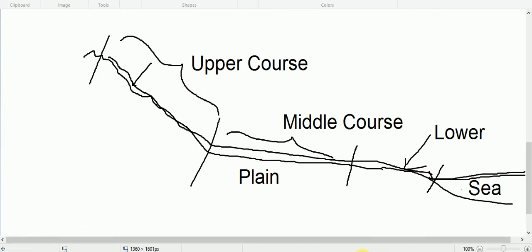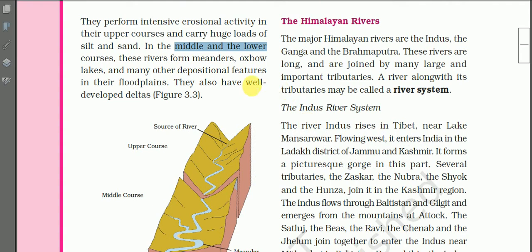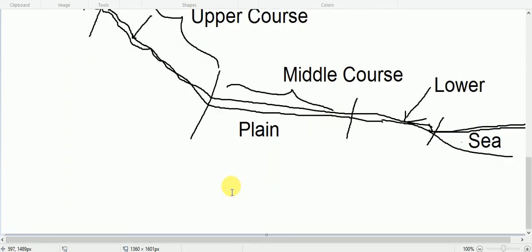And here in your textbook, what does it say? In the middle and the lower courses, the Himalayan rivers form meanders. Meandering means winding of a river like this.